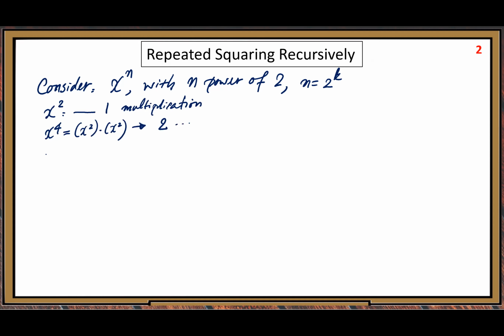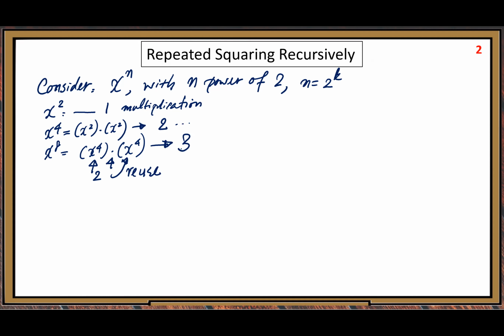X to the 8th is x to the 4th times x to the 4th. The first copy of x to the 4th, we pay two multiplications. Then we add 1 for the dot in the middle, but the second copy of x to the 4th, we reuse. So that's 3.